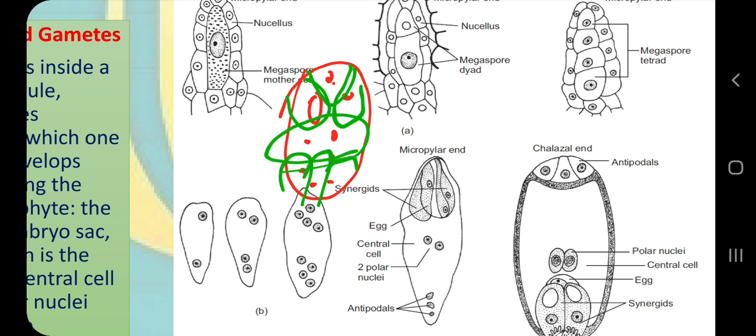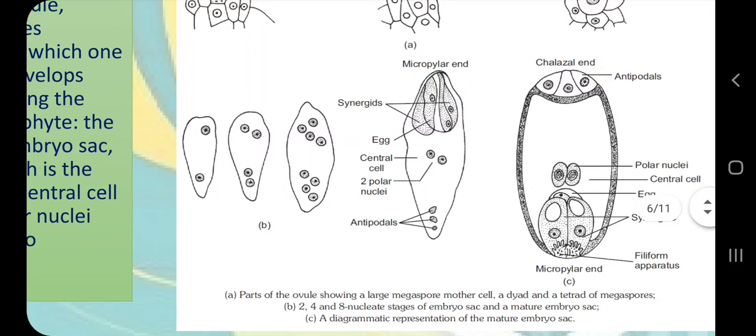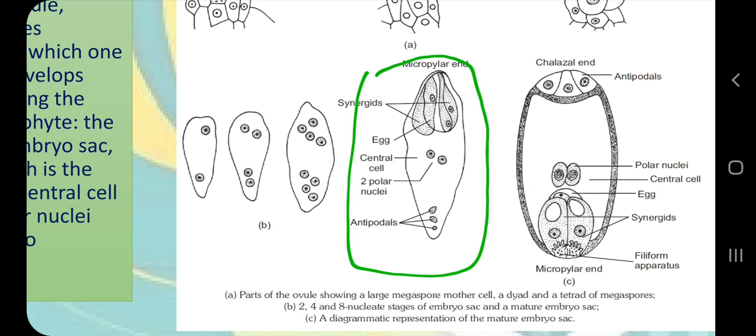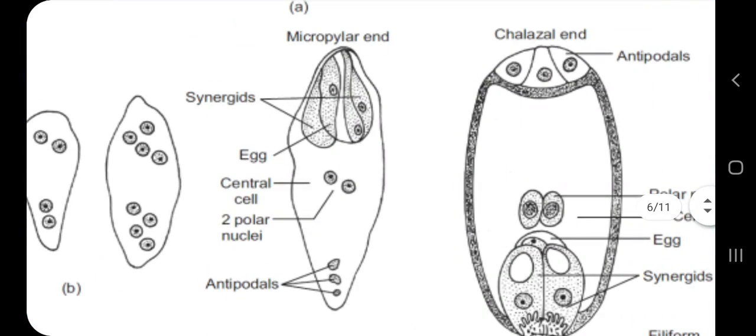So because of this special type of cell division, we finally find a structure which is having 8 nuclei and 7 cells, and this is a very important structure from the board examination point of view, or for the NEET examination also, because this is the structure of the embryo sac.